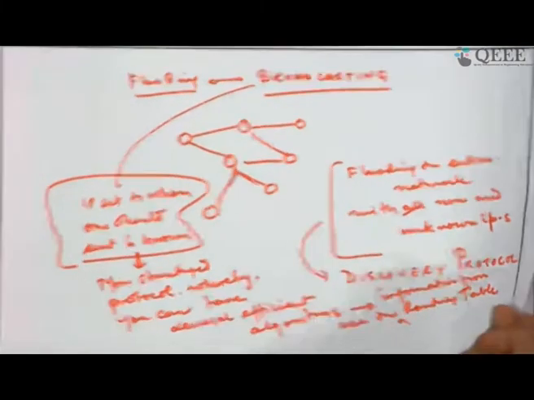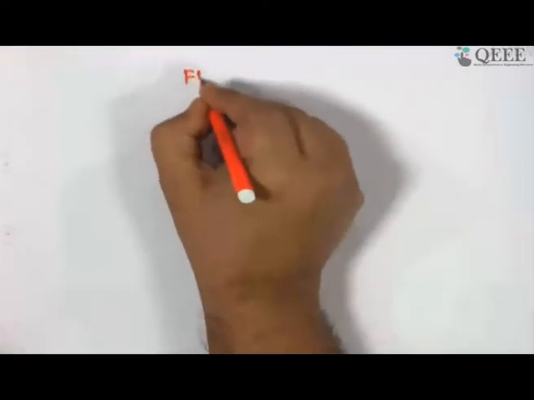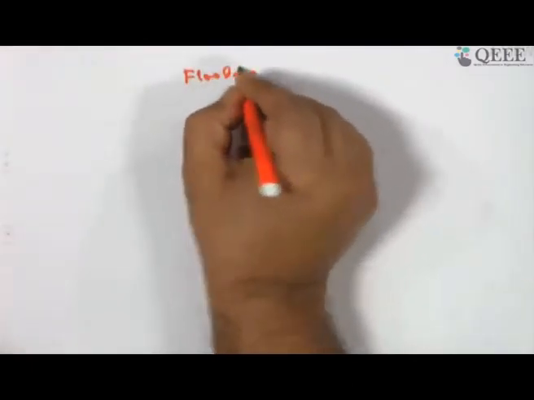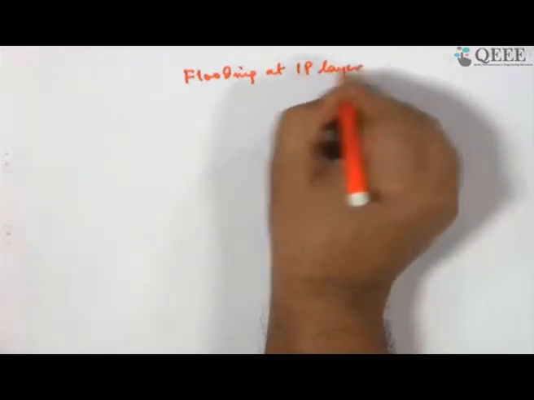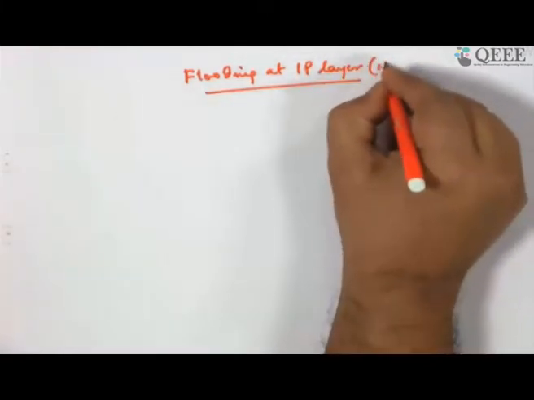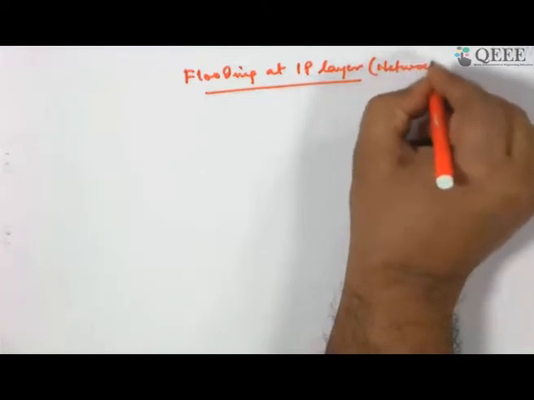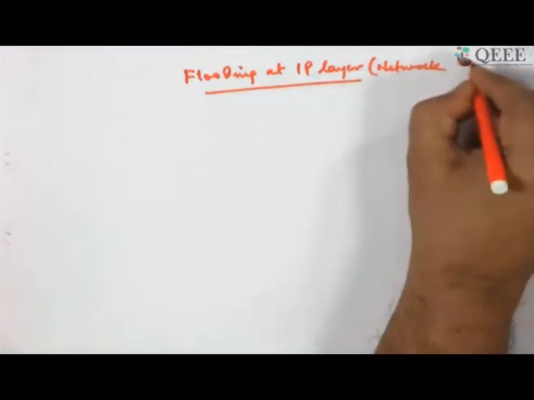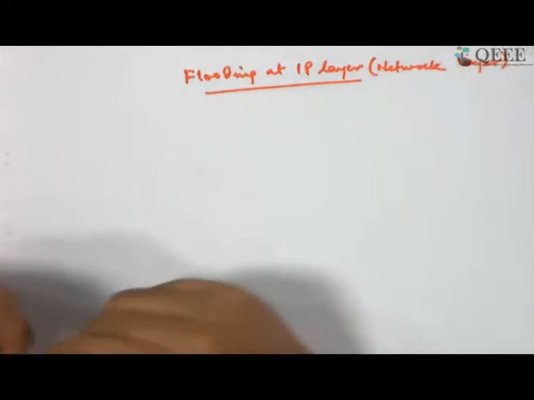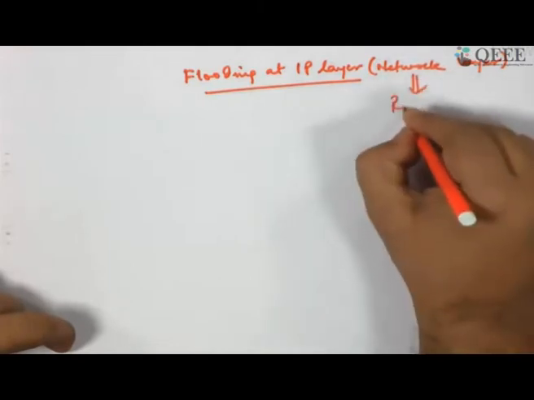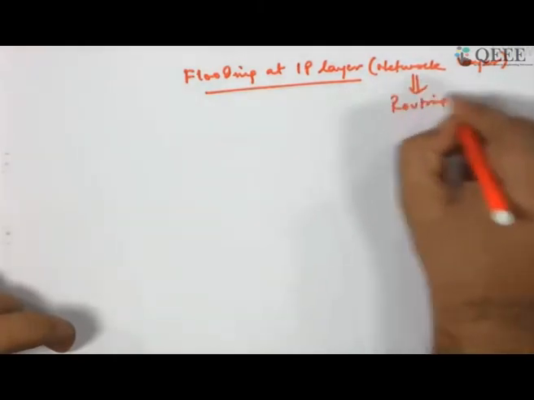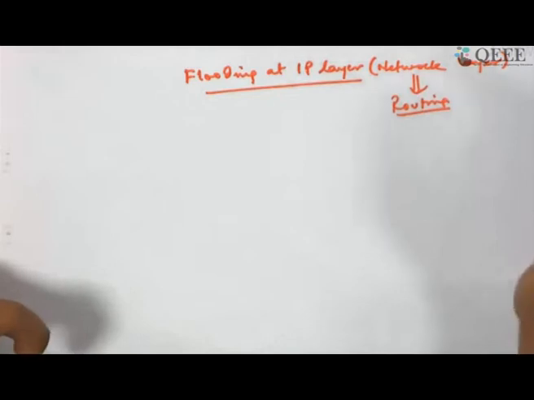Okay. Also, just to tell one thing, we are now talking of flooding at the IP layer or network layer. And how are we stopping flooding? Because we have the routing table, we do not need flooding.